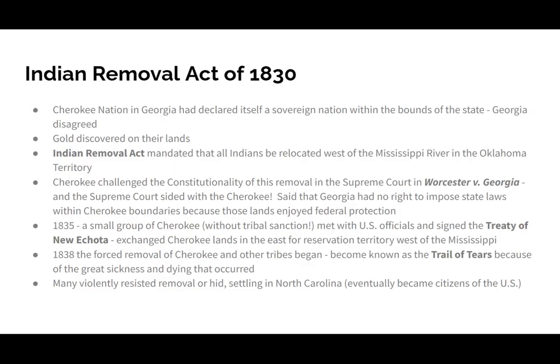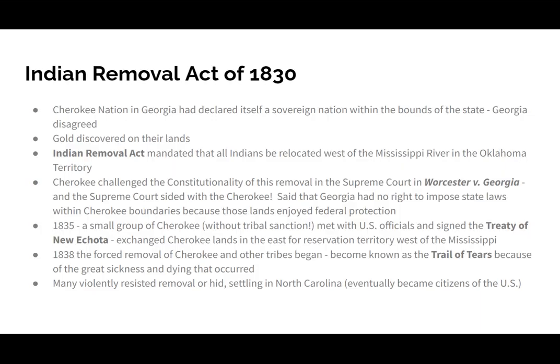Now, the Cherokee are going to challenge the constitutionality of this removal in a couple different court cases. One that's really significant is in 1832, Worcester versus Georgia. The Supreme Court actually sided with the Cherokee. They said Georgia had no right to impose state laws within Cherokee boundaries because the Cherokee boundaries enjoyed federal protection.